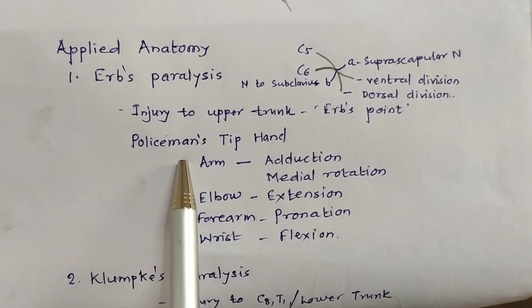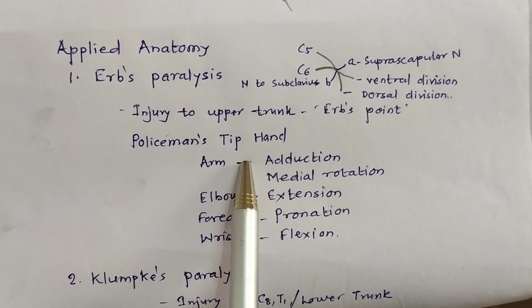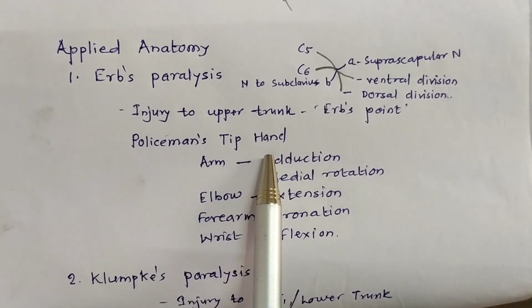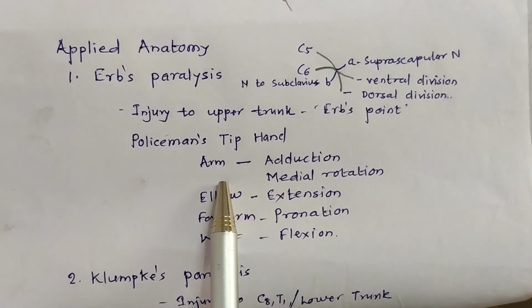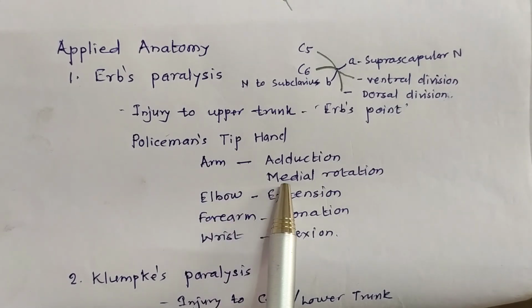In Erb's paralysis, the position of hand is described as policeman's tip hand. In this position, the arm is adducted, means near the trunk, and there is medial rotation of humerus.